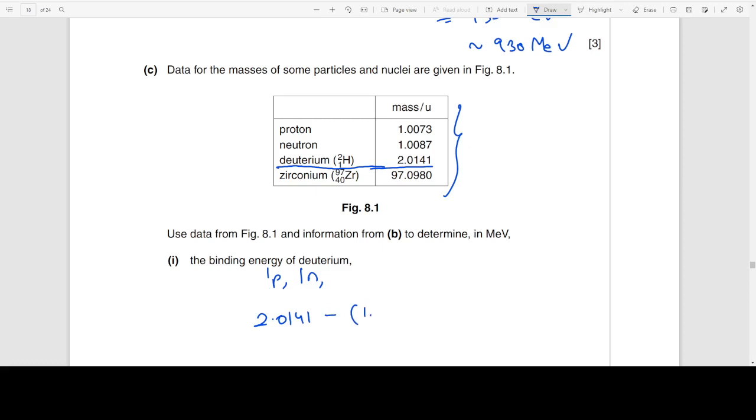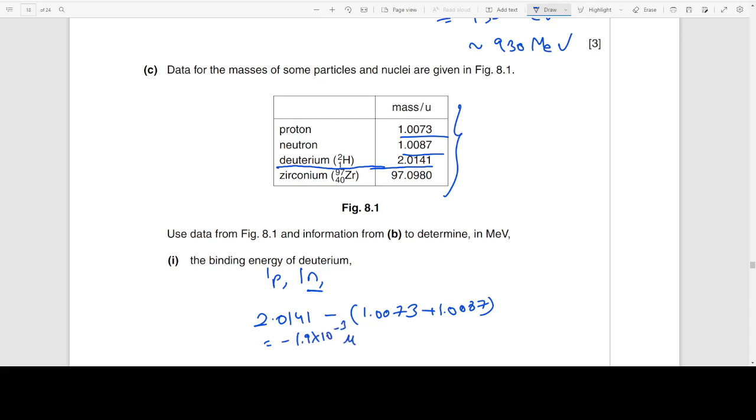So there's one proton, so 1.0073, plus the mass of one neutron, 1.0087, which is minus 1.9 into 10 raised to minus 3 U.